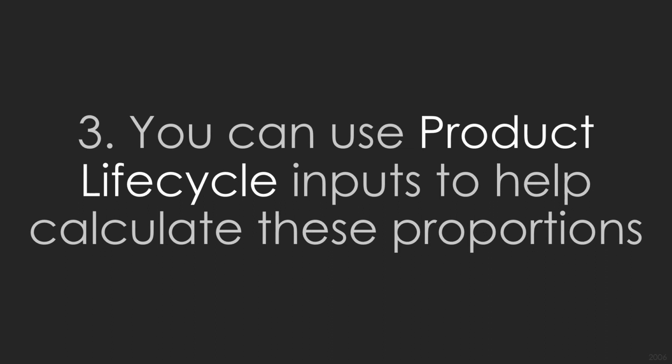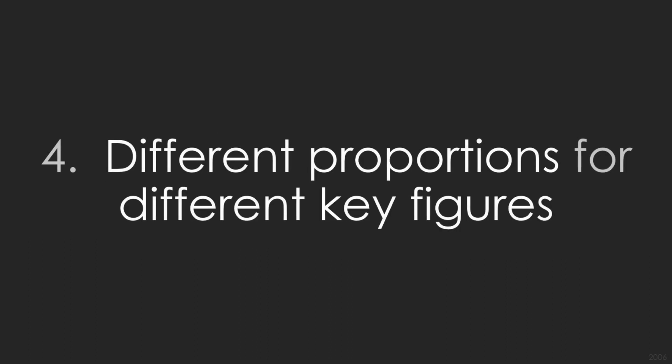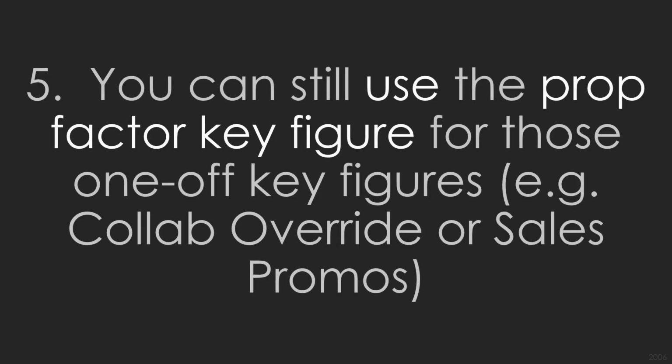Three, you can use product lifecycle inputs to help calculate these proportions. Phased out customers can automatically be excluded from the proportions. Four, different proportions for different key figures. Five, you can still use the prop factor key figure for those one-off key figures. For example, collab override or sales promos.